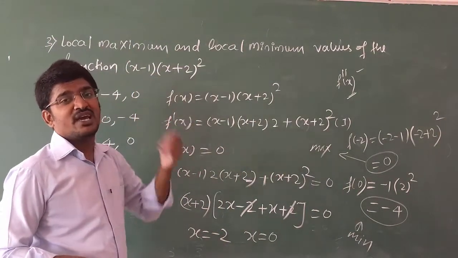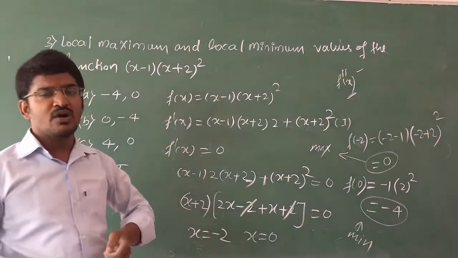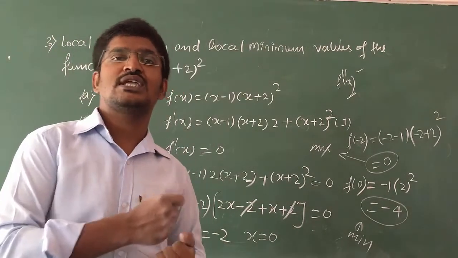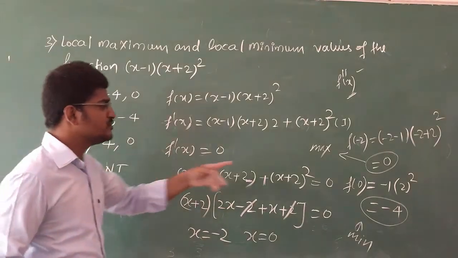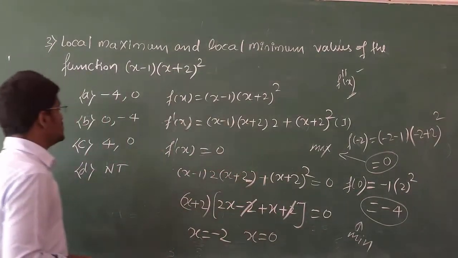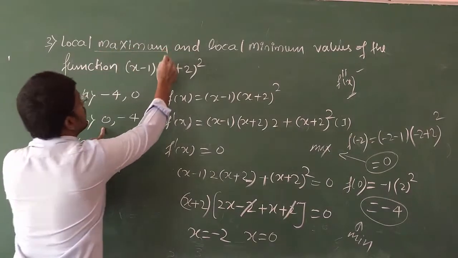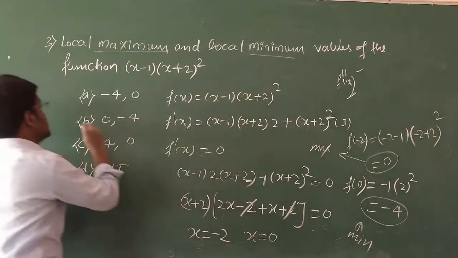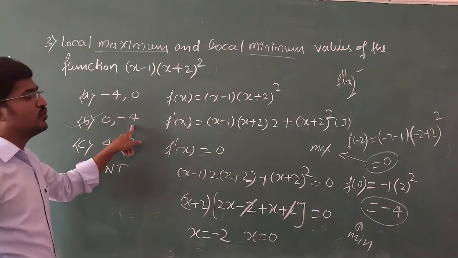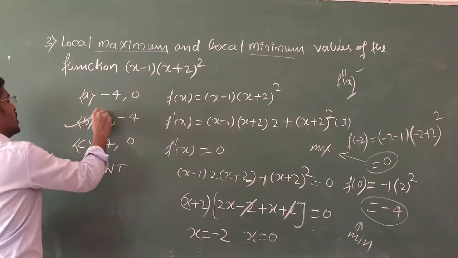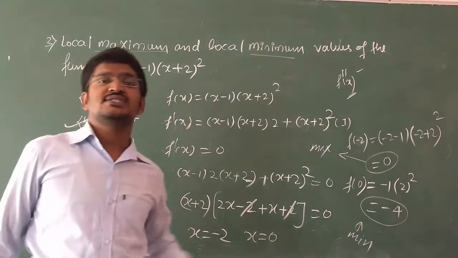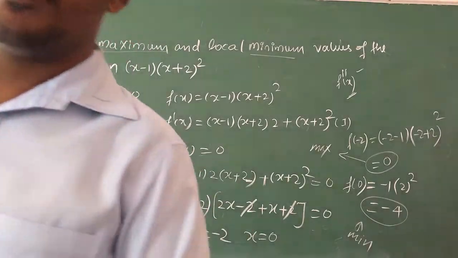One of the terms will be maximum and one will be minimum, so that we can save the time. Clear? So minus 4 is minimum, 0 is maximum. That's why option B is the correct answer.